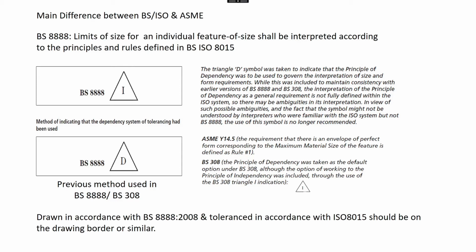So my preference really is to use the triangle with the I in it, the system of independency. The reason for that is if you need something to be round, you put a roundness symbol. If you need it to have good cylindricity, you put a cylindricity symbol, so the manufacturers don't miss it.